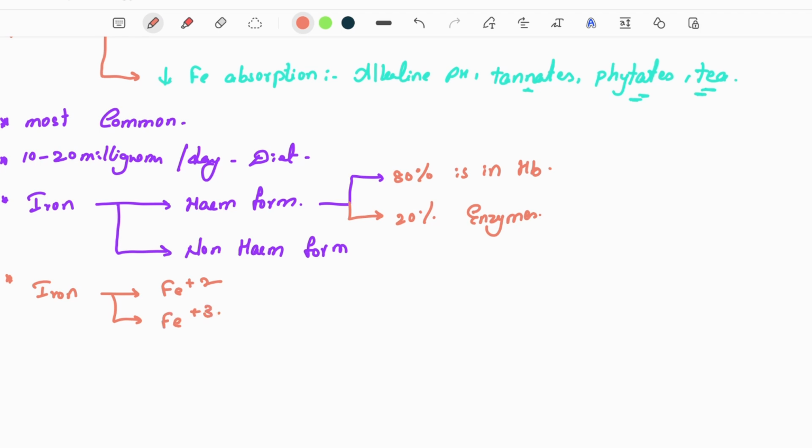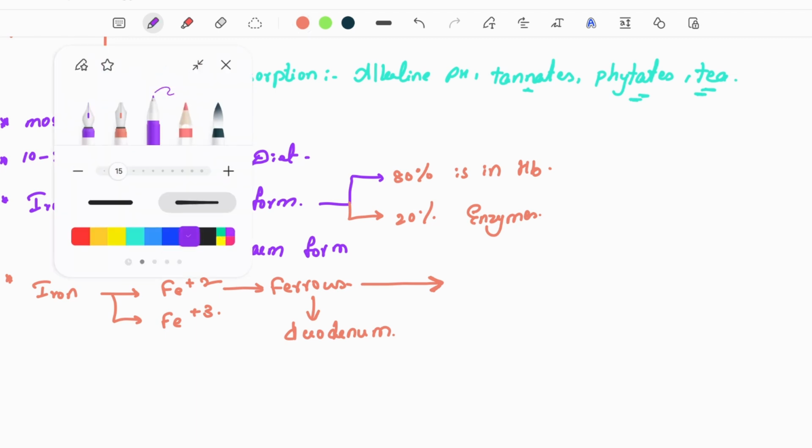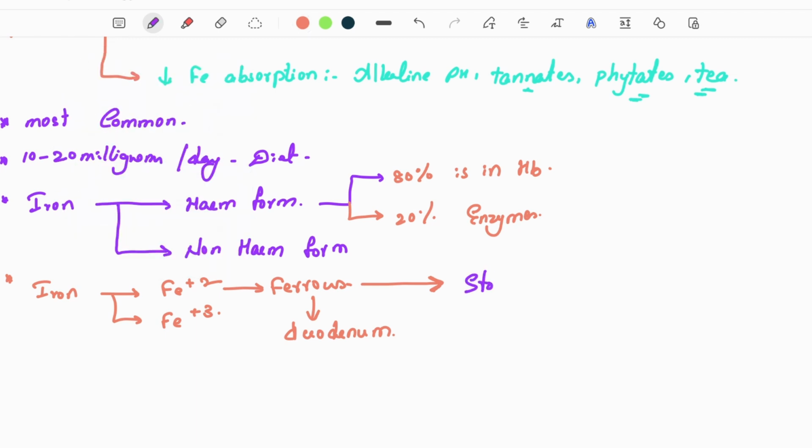In our body, the iron is mostly absorbed in the form of ferrous, and it is mostly absorbed in the duodenum. The iron is utilized, and the remaining is stored. These are the storage forms: first, ferritin.